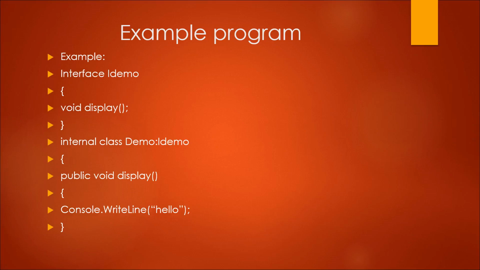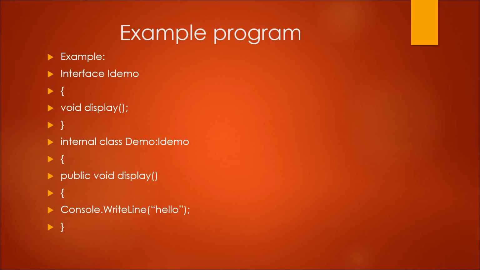And then we have created a class which is an internal class. The default access specifier for classes is internal, so internal class Demo, which is implementing this interface with the name IDemo. And then we have defined this method public void display, passing a simple sentence in Console.WriteLine, hello, to print a message on the screen, hello.